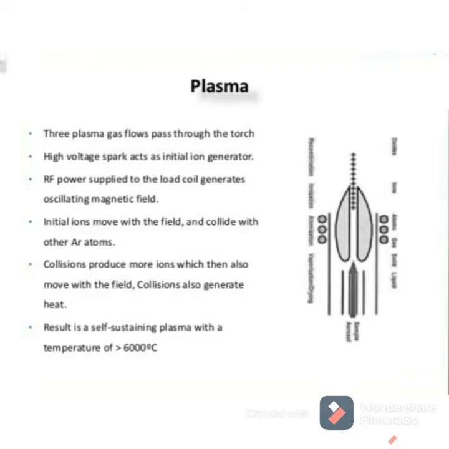Initial ions move with the field and collide with other argon atoms. Collisions produce more ions, which then also move with the field. Collisions also generate heat. The result is a self-sustained plasma with a temperature of more than 6000 degrees centigrade. In that plasma picture you can see we are introducing our sample into the plasma with the help of gas.